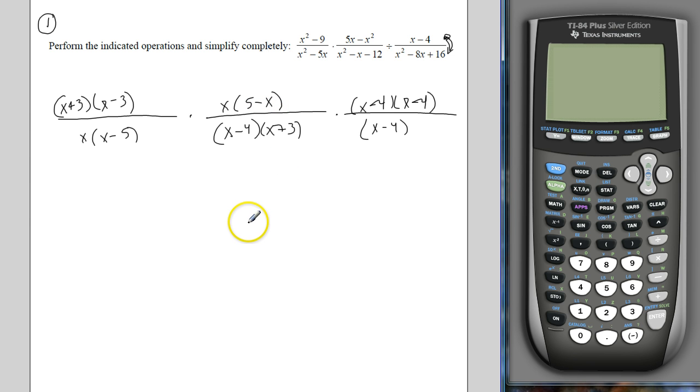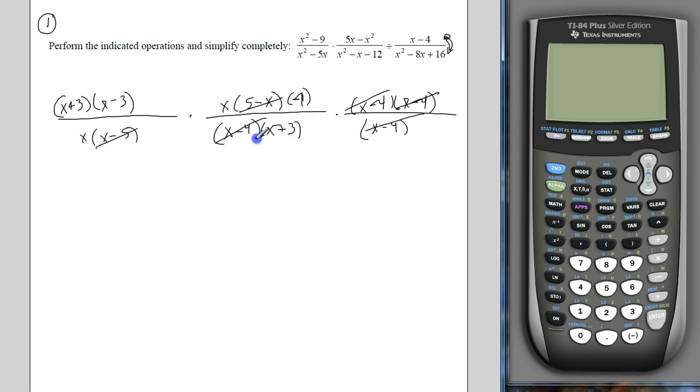Now, hopefully, when you see this backwards, this 5 minus x and this x minus 5, I call it a negative 1 trick. It's really factoring out a negative 1. When you cancel these out, it's a negative 1. So now we're just going to go through and cancel all the rest. I can cancel anything upstairs, anything downstairs. X minus 4, x minus 4.